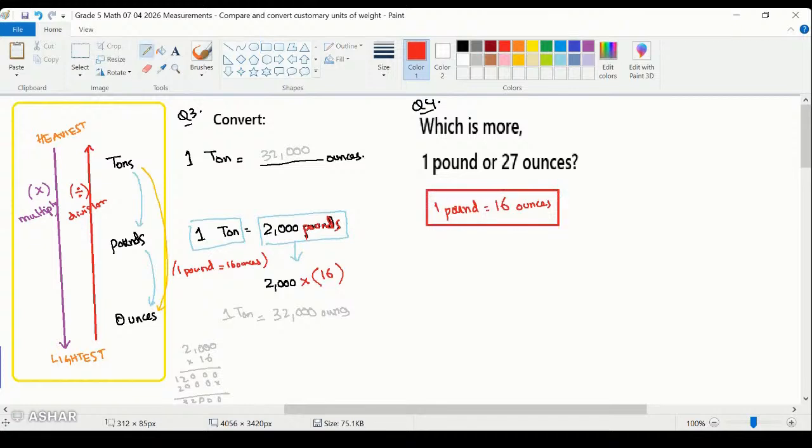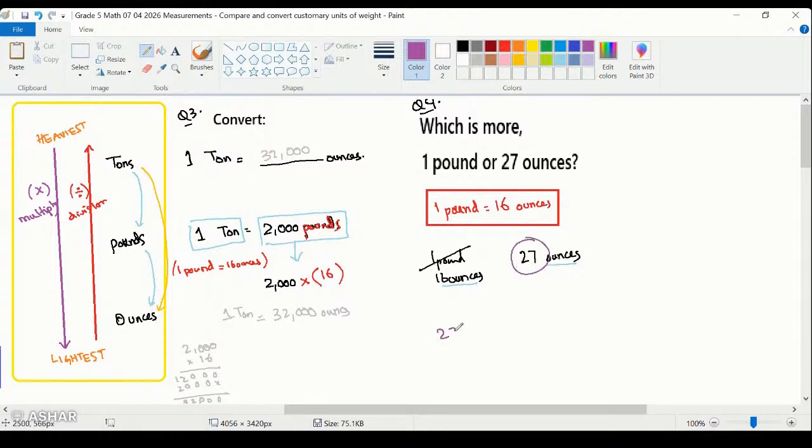So which should be heavier? 1 pound or 27 ounces? In place of 1 pound, we can write 16 ounces as well. Agreed. So which should be heavier? 16 ounces, because now we both have the quantities in the same ratios.